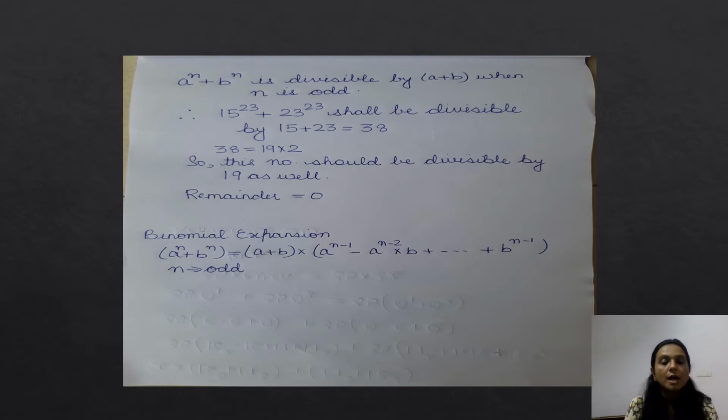Now how has this concept come? It is important to understand these concepts because this would help us in building up our knowledge and database. So this has come from binomial expansion.